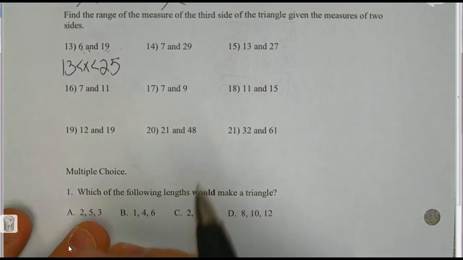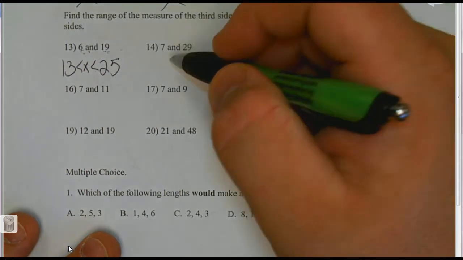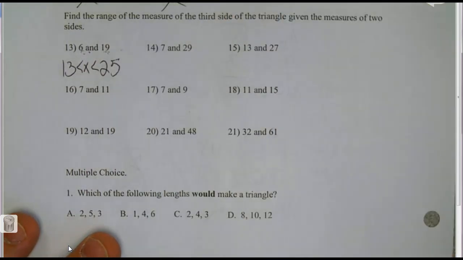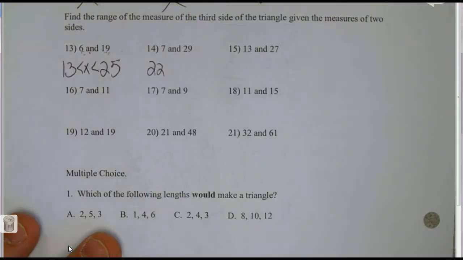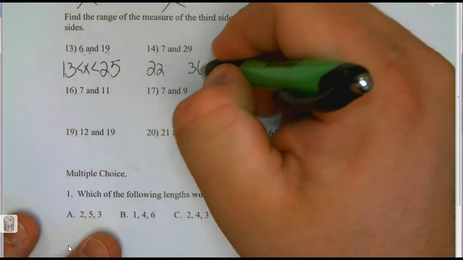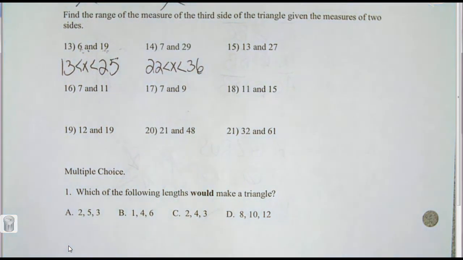So it could be 13.01, it could be 24.99, but it cannot be 13 and 25. For number 14, if I want to know the third side, all I have to do again, subtract and add. And the third side must be between 22 and 36.